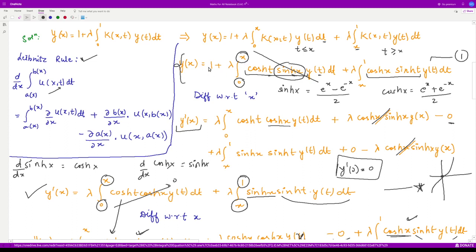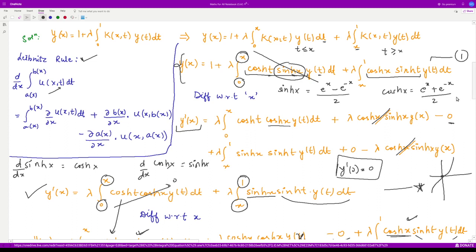So y of 1 would be 1 plus lambda integration from 0 to 1 cosh(t) as such sinh(1) into y(t) dt, plus this term is 0 in that case. And if we see y dash 1, it would be lambda integration from 0 to 1 cosh(t) cosh(1) y(t) dt, right? And this term becomes 0.